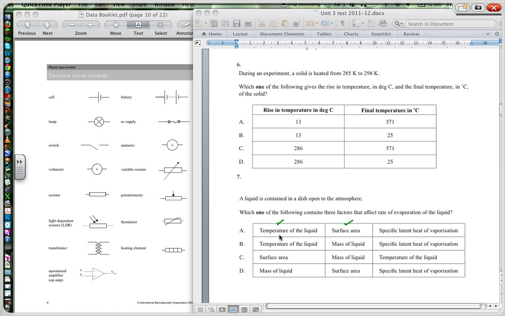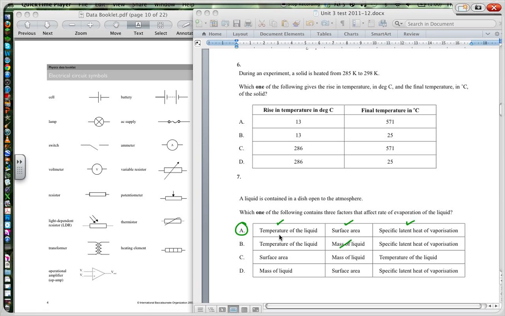The surface area, the greater the surface area, the greater the evaporation. And the specific latent heat of vaporization, that gives an indication of how easy it is to break the bonds. If that is low, then it's quite easy, and therefore more molecules would be able to break. So that's correct. So it's A is the correct answer.